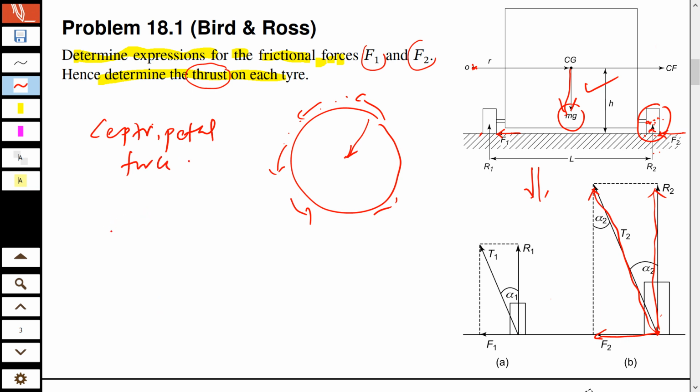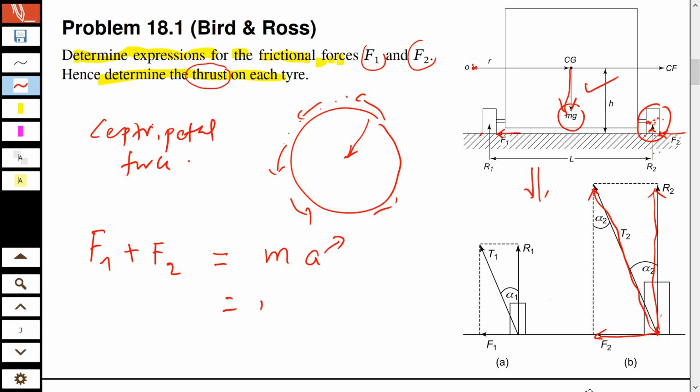So which means that F1 plus F2 is the centripetal force, okay, needed to maintain this motion in circle. Now this must equal mass times acceleration, yeah, and that acceleration is the centripetal acceleration.